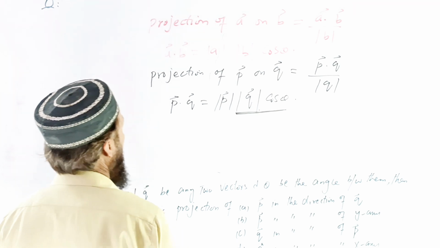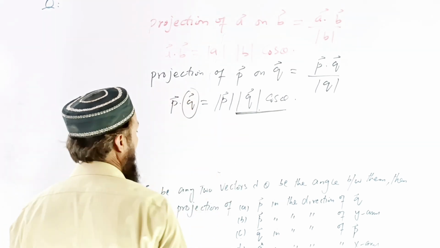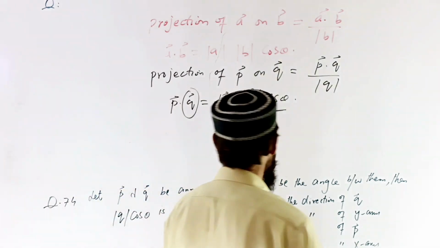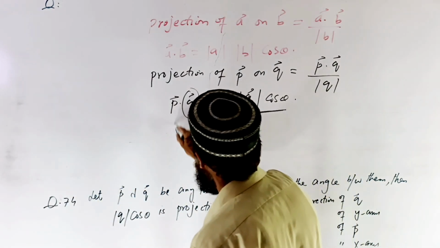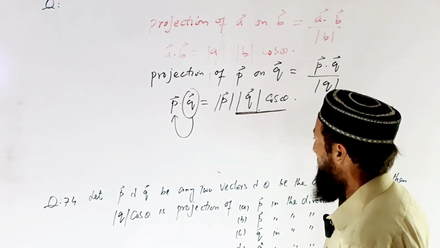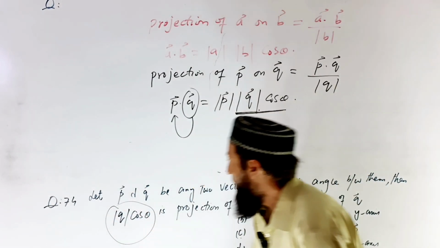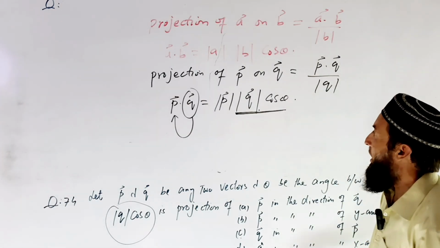So it means that the result is the projection on Q, and Q is in the direction of P. We can write here, this result is given to you in the question: Q magnitude cos theta.